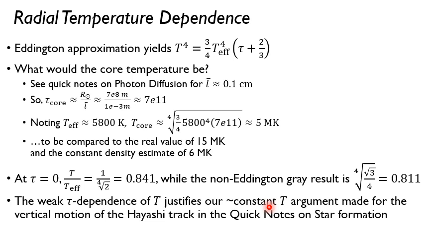Well, we know the Hayashi track is roughly vertical, and so the temperature of the photosphere needs to be roughly constant, and indeed this formula gives us that. So just some evidence that the Gray-Eddington atmosphere approximation isn't too bad.